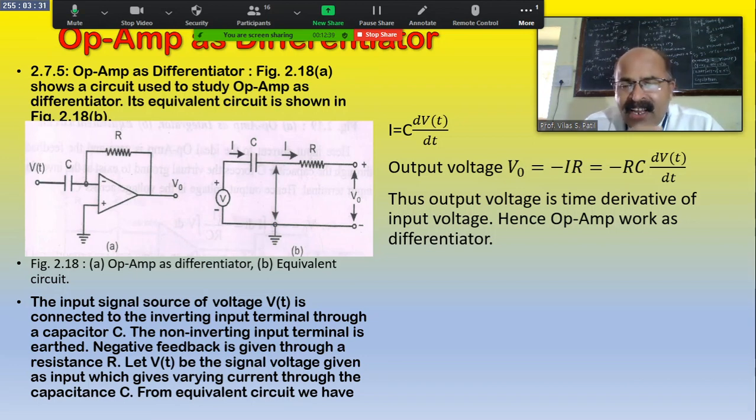Differentiation means the operational amplifier can be used to find the rate of change of one physical quantity with respect to another. Consider that y is changing with respect to t, where t is the time and y is the displacement. Then the rate of change of displacement with respect to time is written as dy by dt, and that operation is known as differentiation.